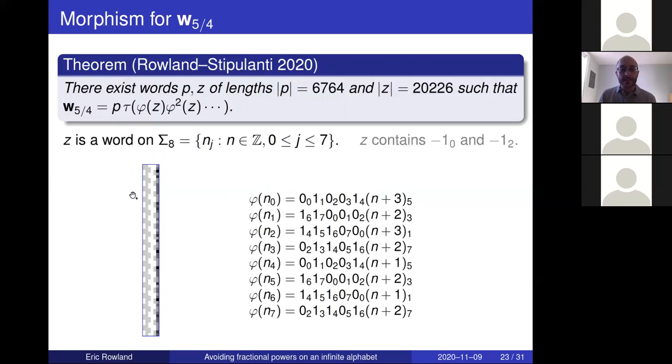And here the first 5 columns are periodic with period length 4. But we need 8 letters, not just 4, because the sequence of differences depends on where you are modulo 8, like we saw. So the amount we have to shift up the letter by is 3, 2, 3, 2, 1, 2, 1, 2. So that repeats every 8.